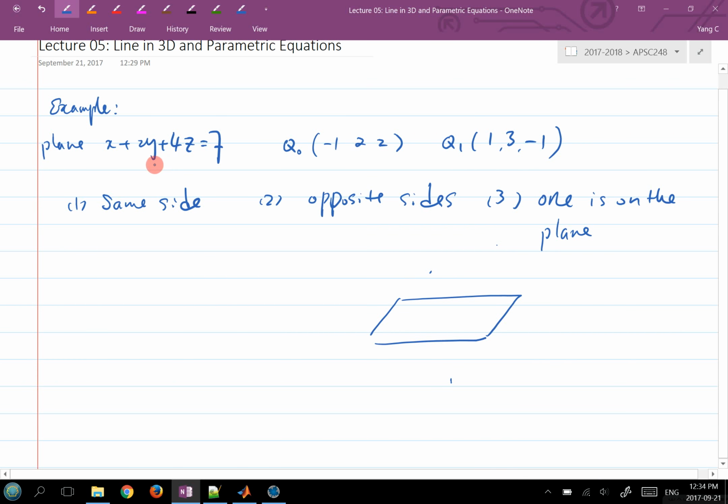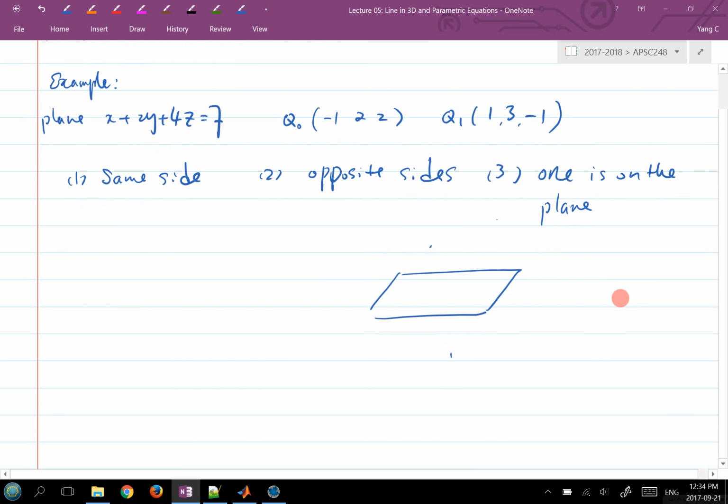So let's plug Q0 and Q1 into the plane equation. We're only going to plug it into the left side. If the point is on the plane, then the left side will be the same as the right side.